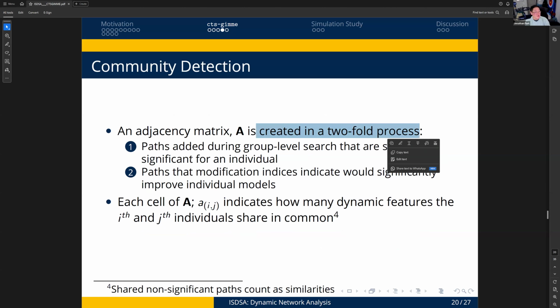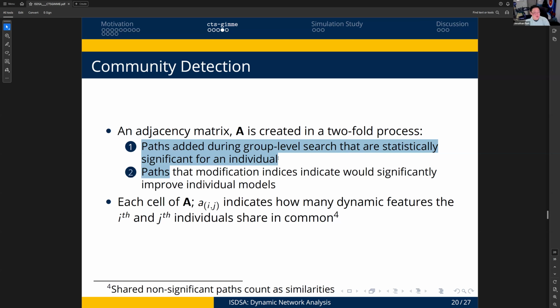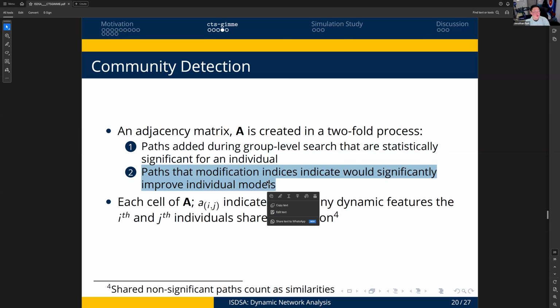And it's created using a twofold process. We look at paths added during the group level search that are statistically significant for an individual. And then we also look at paths in the modification indices that, if added for this person, would be statistically significant. So we're basically creating an adjacency matrix where the cell A_ij represents how many dynamic features the ith individual and the jth individual have in common.